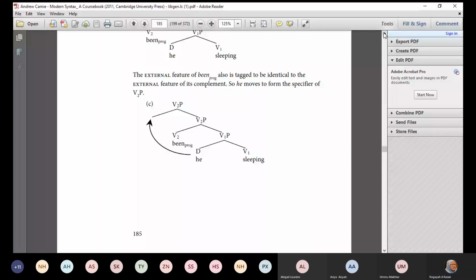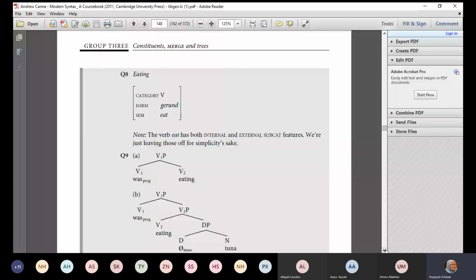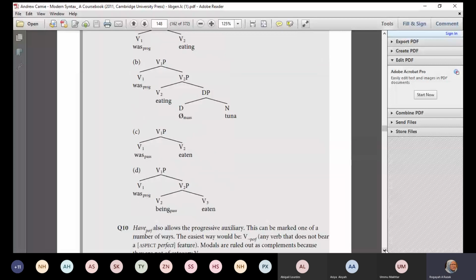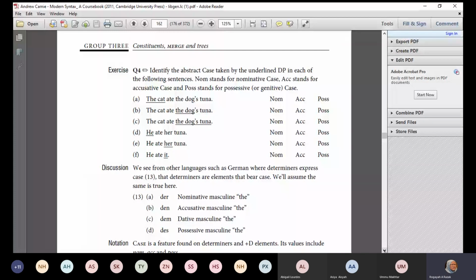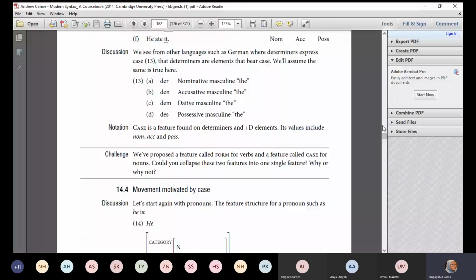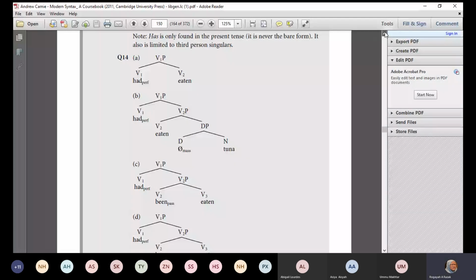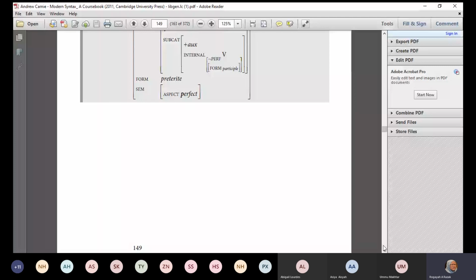Oh, 157. Unit 14, we skip. Once more. Go back. Then 15.6.